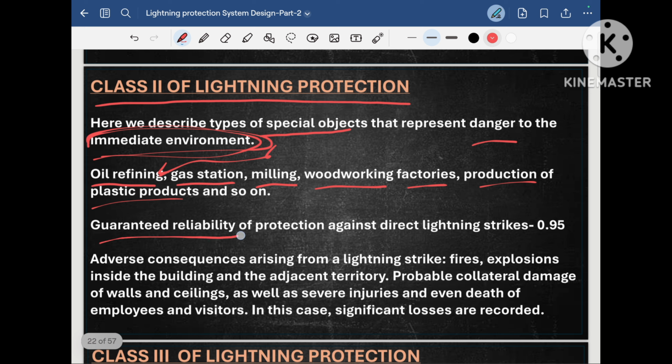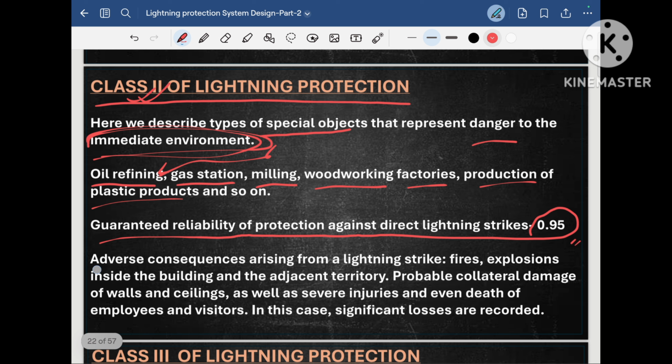The guaranteed reliability of this protection against direct lightning strike is 0.95, which is also very high, but compared to class 1 it is lower. 95% of direct strikes can be bypassed through class 2 protection.